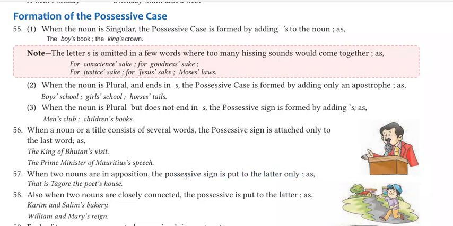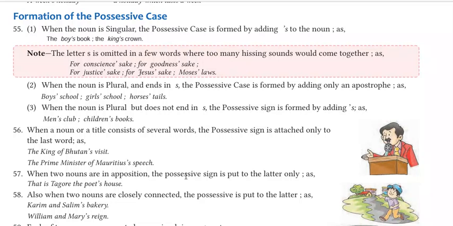When two nouns are in apposition, the possessive sign is put to the latter only. Now, apposition means, for example, if I am mentioning a person and at the same time I add something in order to talk more about that person. For example, I say, Shahid, our English teacher, is absent. So "our English teacher" is in apposition, right?